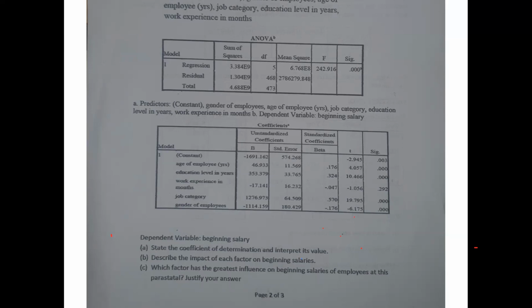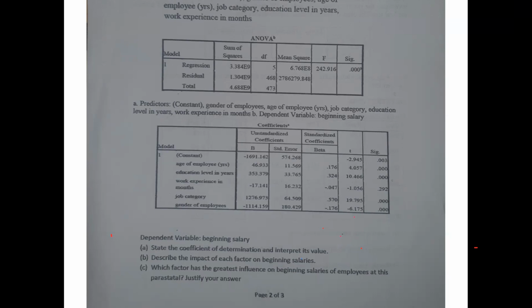We are to explain the impact of this. Education level, which means a 1 year increase in education. An additional year in education will lead to about 3.53 unit increase in total what? In total beginning salary.